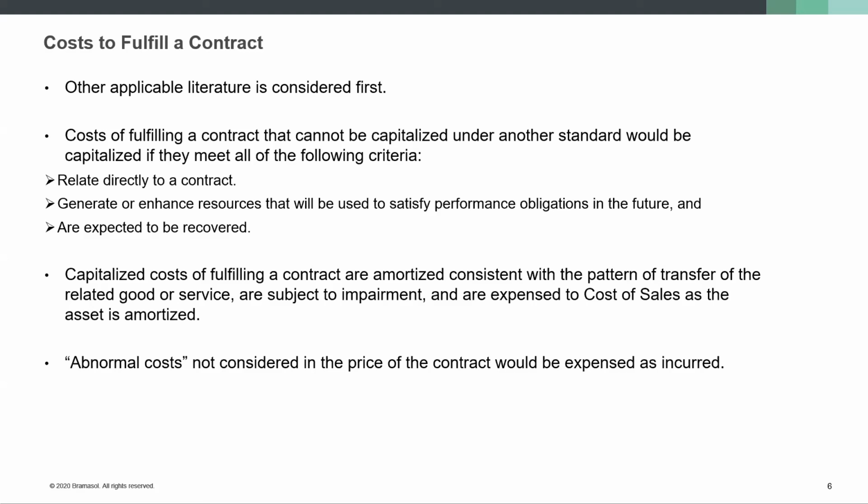So when I build that road, the assumption is I've included in my margin the cost to build that road to my customer. This is the cost to fulfill a contract. One last thing, abnormal costs are not considered in the price of the contract.